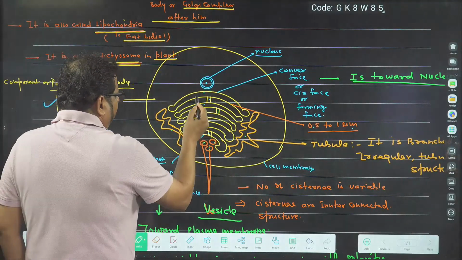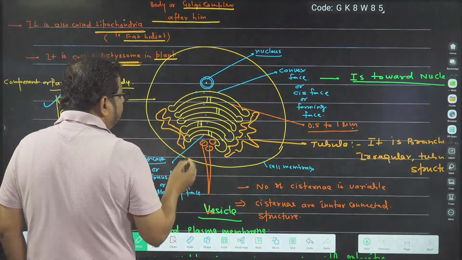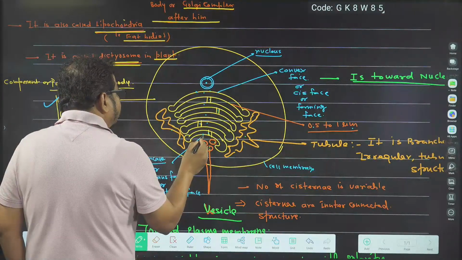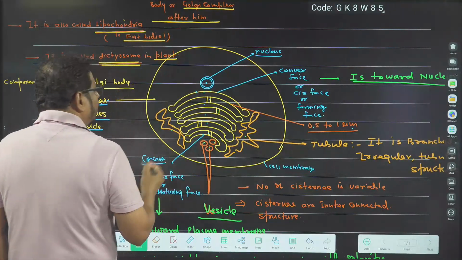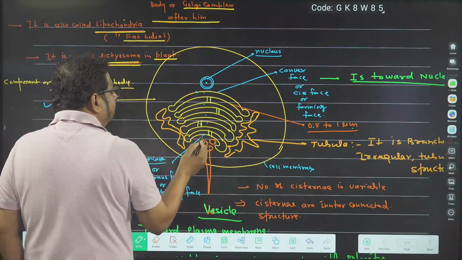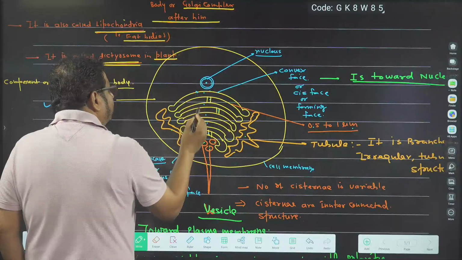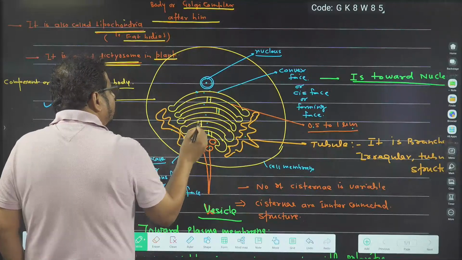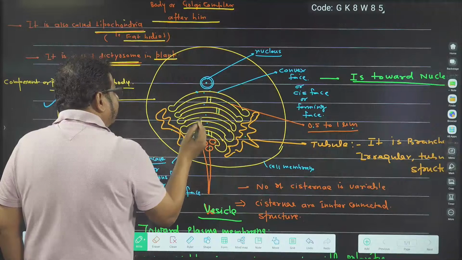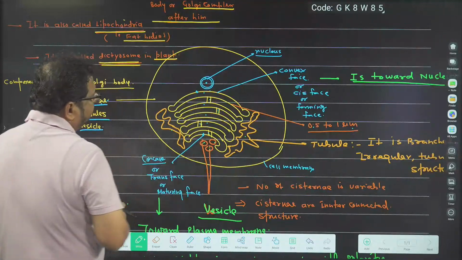The convex face is called the cis face, and the concave face is called the trans face. So here poles are forming. One pole is called the convex pole, another the concave pole, the cis pole and the trans pole. They are made up of the same material, but cis and trans faces are entirely different.